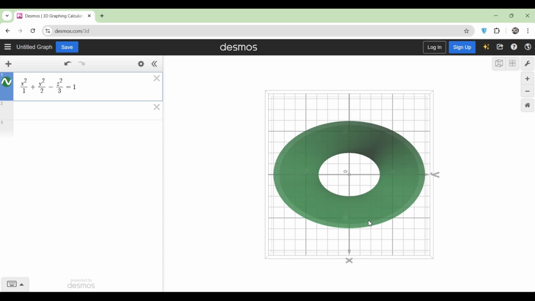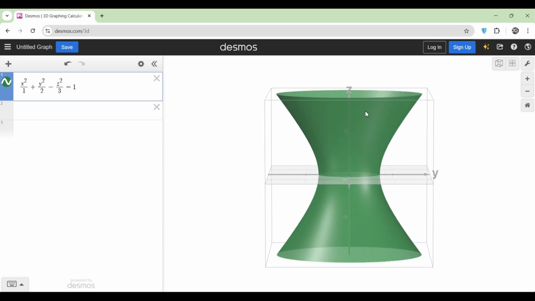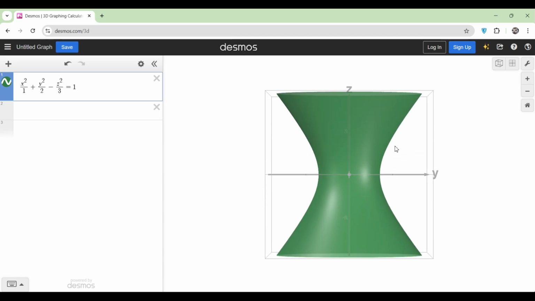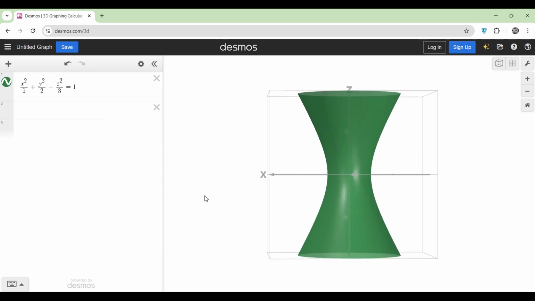So let's look at the YZ trace. There's no X here, so it's Y squared minus Z squared. It's going to be a hyperbola. So yeah, the outside looks like a hyperbola. And let's analyze the XZ trace.